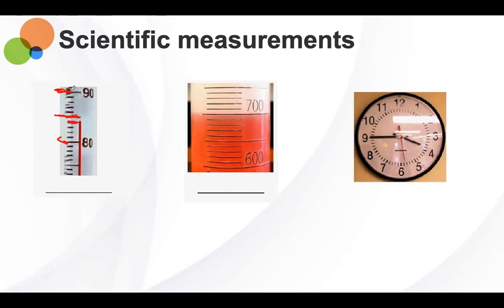Exactly. So you have 80 here, and you have 90 here, and you have 85 in the middle. But this is not exactly at 85. So this would be 84. All right. Now, what is this value? 700. Exactly. So this would be 700, right?